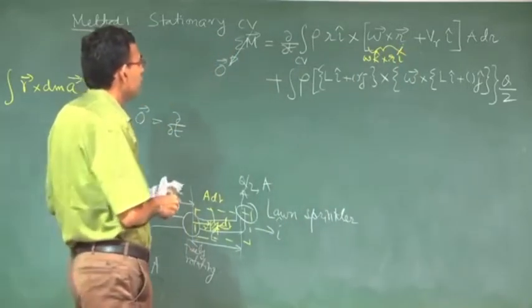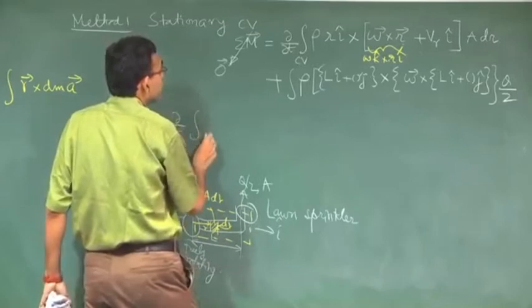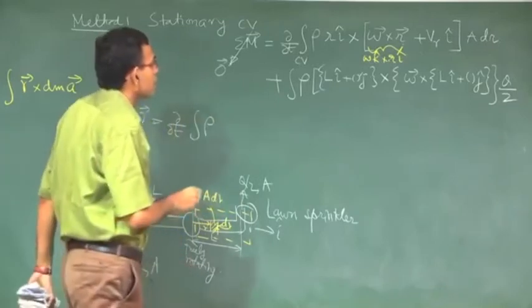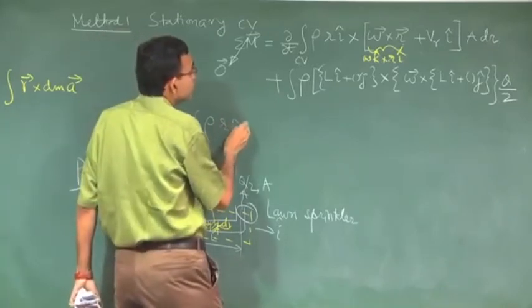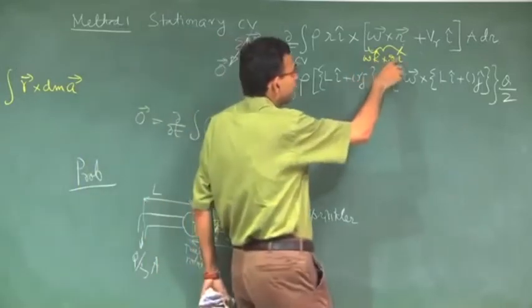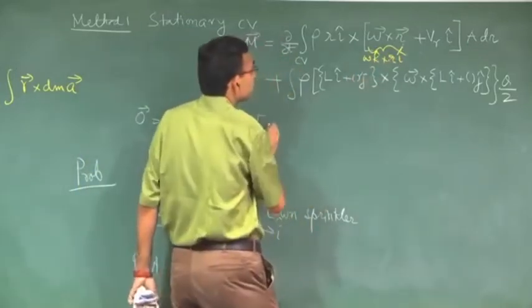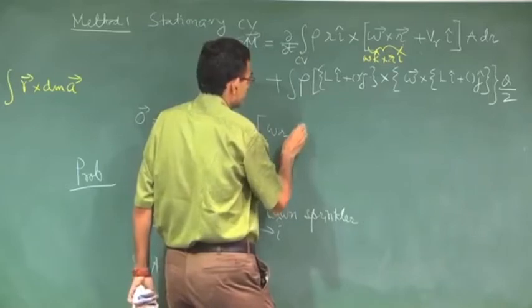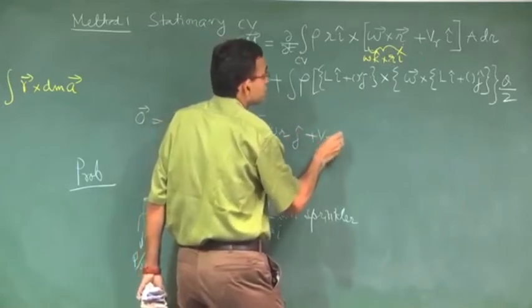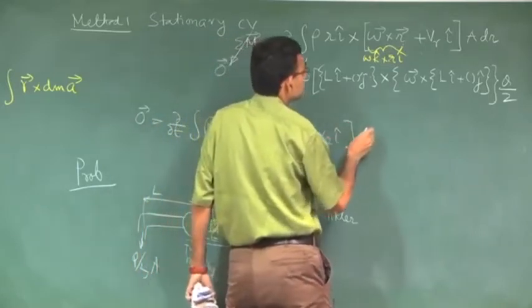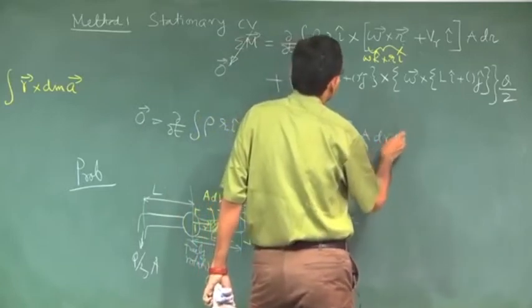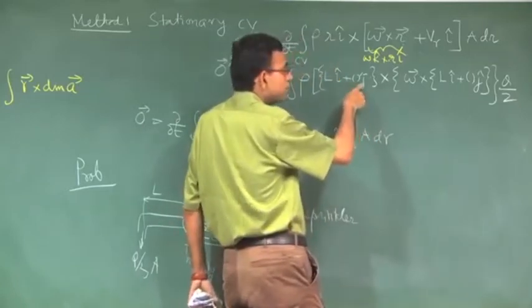So integral of rho Ri cross k cross I is j. Here the j components we can neglect.